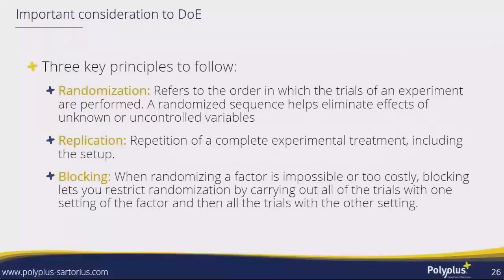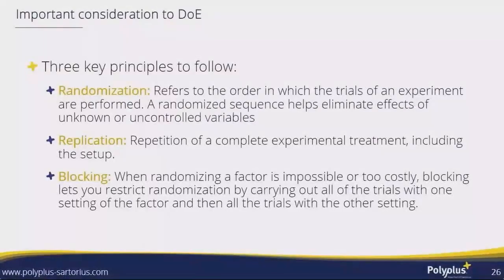So before moving to design of experiments, there are some important considerations to get. There are three key principles that have to be followed for anyone that wants to do design of experiments.